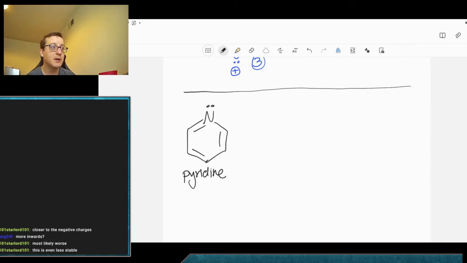It's important to note that we'll sometimes have a distinction between what's called a localized electron pair and a delocalized electron pair.